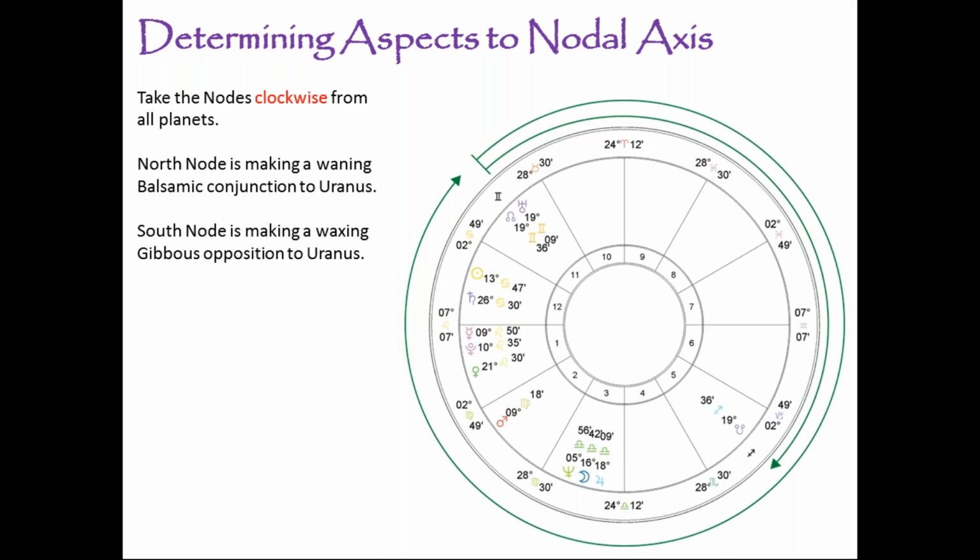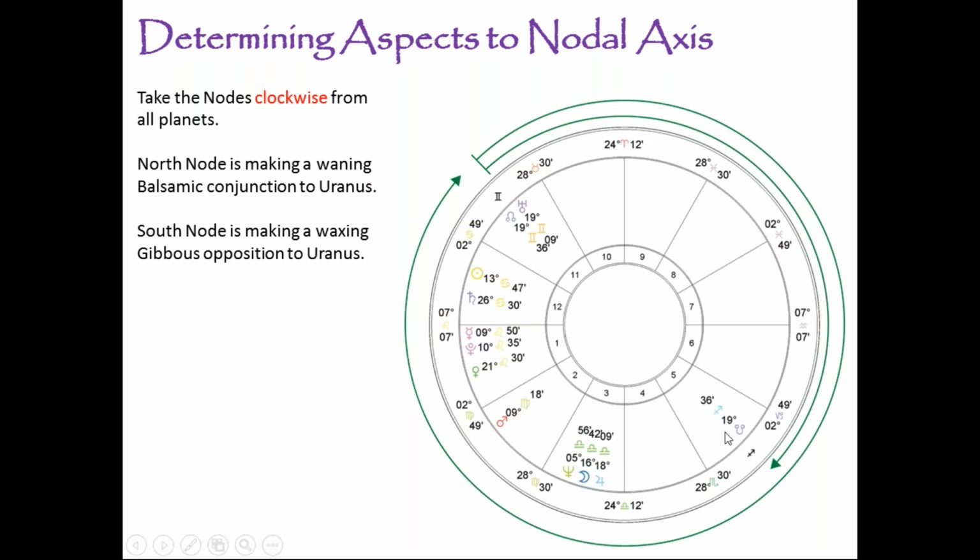When you are looking at the nodal axis, the nodes of the moon, or the nodes of any planet, they are always compared to the planets themselves, and they are compared in a clockwise manner. If we use the example on the screen and start with Uranus, following this inner circle of the nodes, north node, south node, it is a gibbous opposition to Uranus.